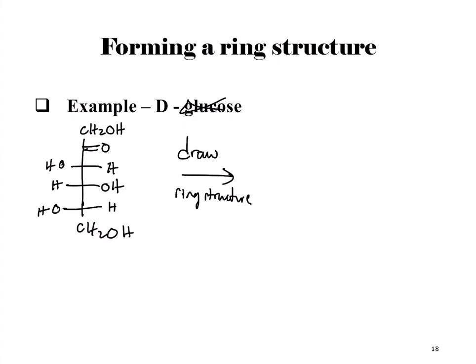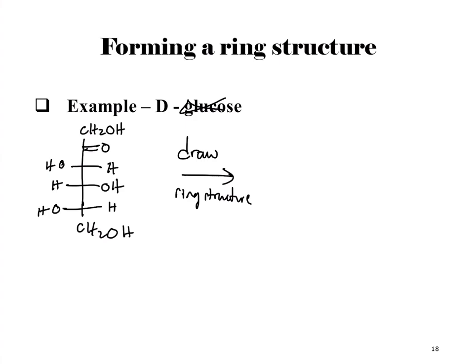So there's a couple things we need to identify right away. Is it a D or an L enantiomer? Is it an aldose or a ketose? Those are the important things. Then once you have that, count the carbons in between.